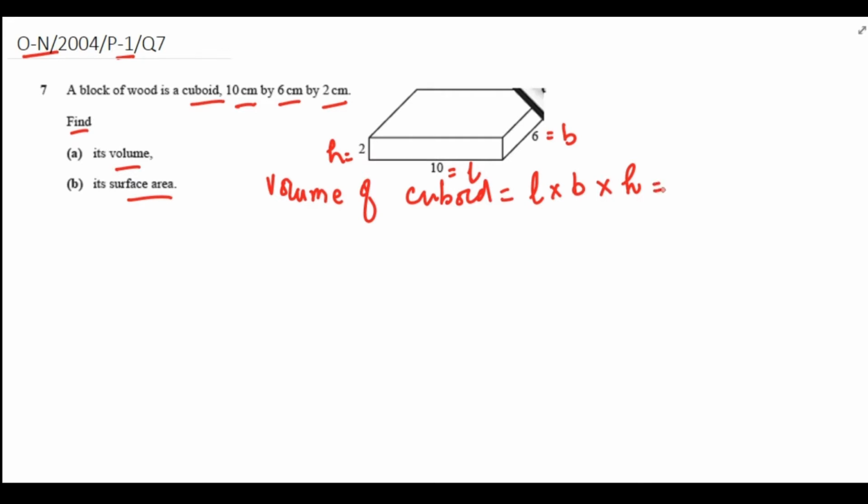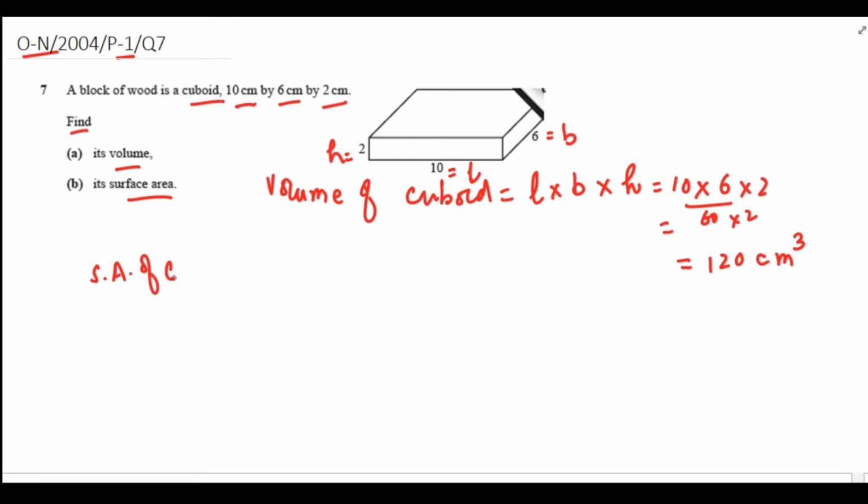So putting these values, it is equal to 10 into 6 into 2. This is equal to 10 multiplied by 6 is 60, multiplied by 2, which is 120 centimeter cube.